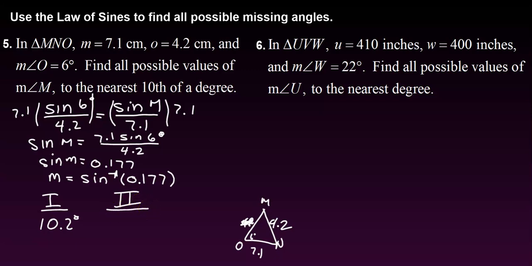So in quadrant 2, we're going to take 180 minus the angle we just found, and get our angle for quadrant 2, which is 169.8 degrees. When we get to the end of this, I will show you what you need for each of the quadrants.